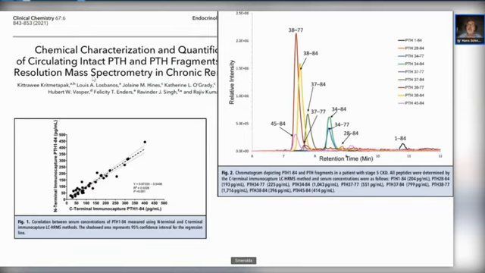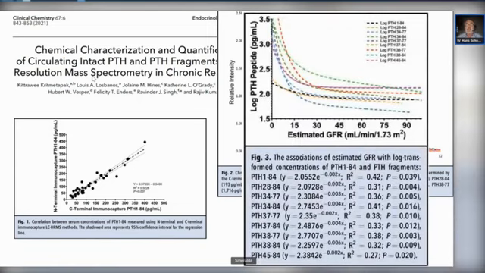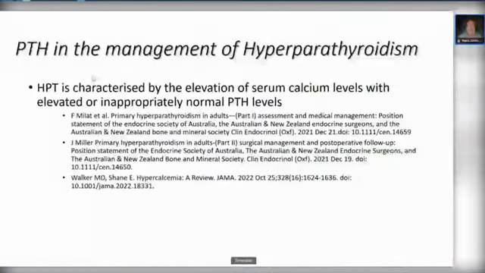So these were very clearly identified, and subsequently the next slide shows you the measurement in a large number of patients with renal failure, 220 patients with renal failure, and you see that here shown as the log PTH, that the concentration markedly increases with very poor renal function. The next slide shows you that they did not detect 7 to 84 or the oxidized form in their renal failure patients.